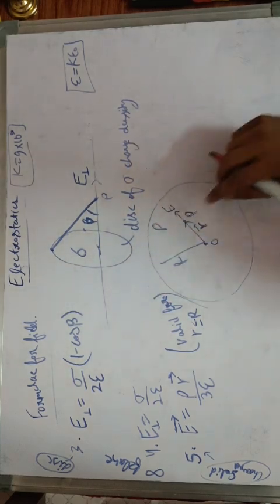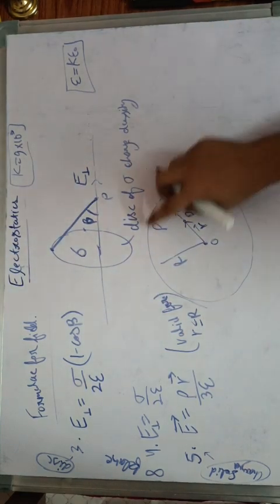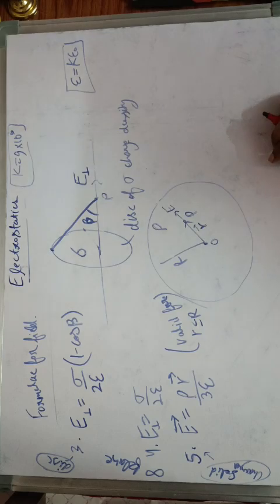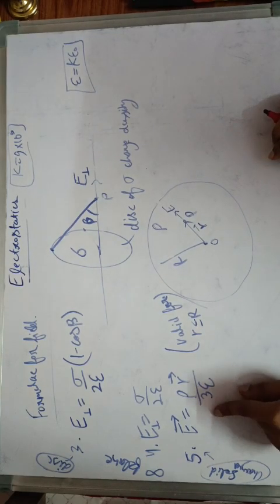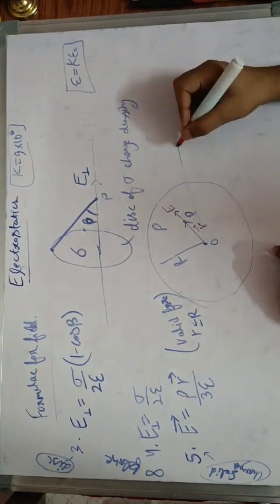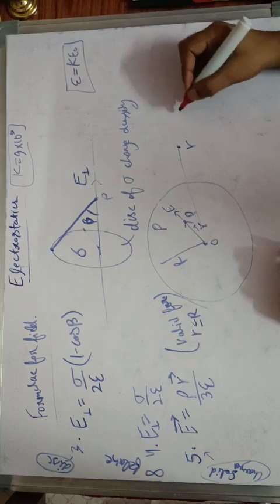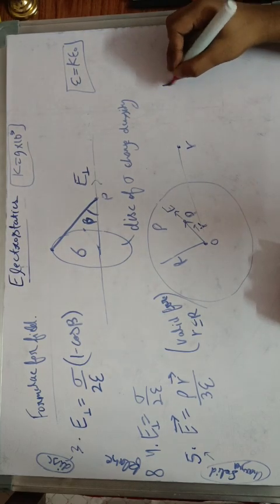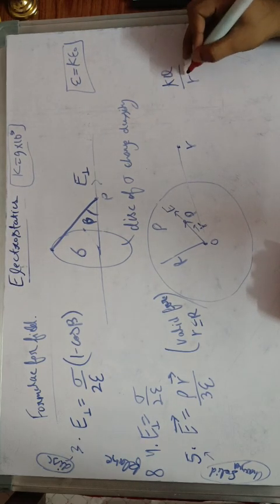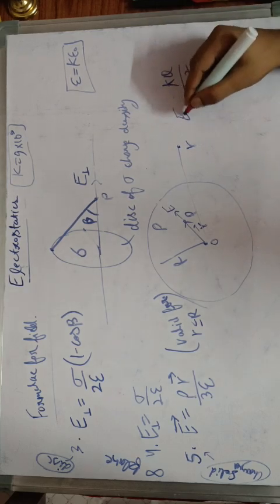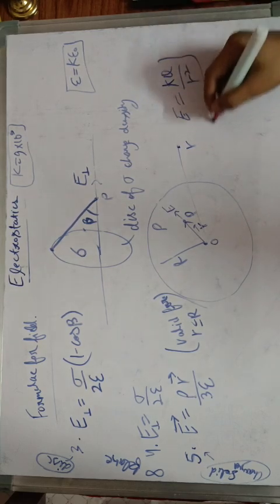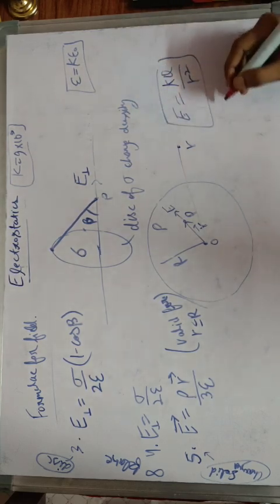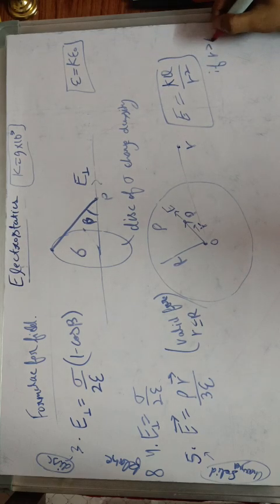So the radius vector we have chosen should be inside this whole thing. Only then this formula would be used. And if the point taken is outside, then the formula of field will simply become kq over r square. This will become the equation of electric field if r is greater than r.